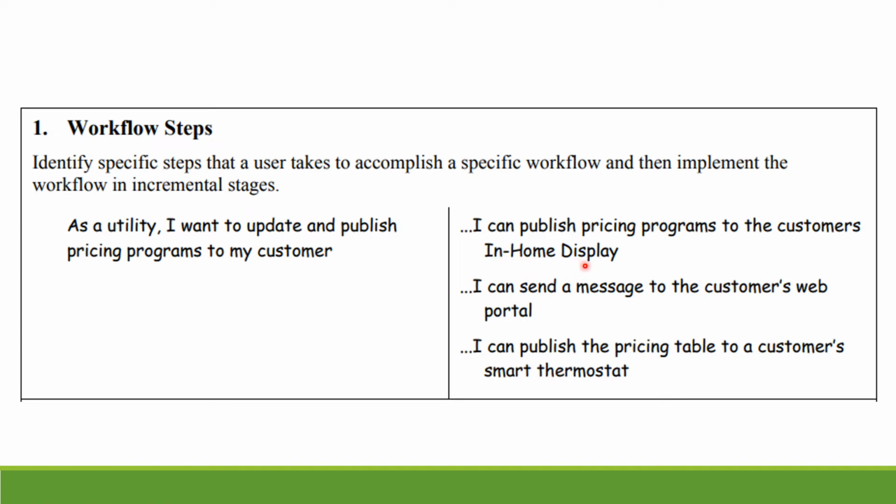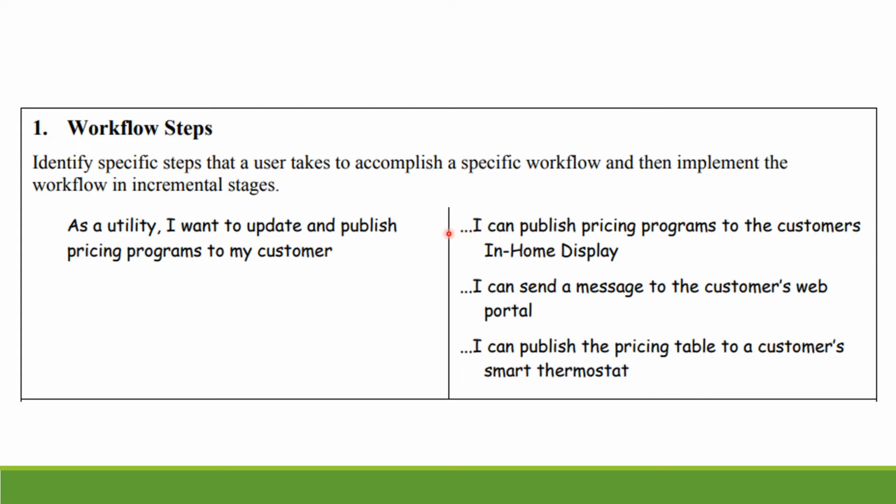So how do I split based on the workflow? As a utility, I can publish pricing programs to the customer's in-home display. As a utility, I can send a message to the customer's web portal. I can publish the pricing table to the customer's smart thermostat.